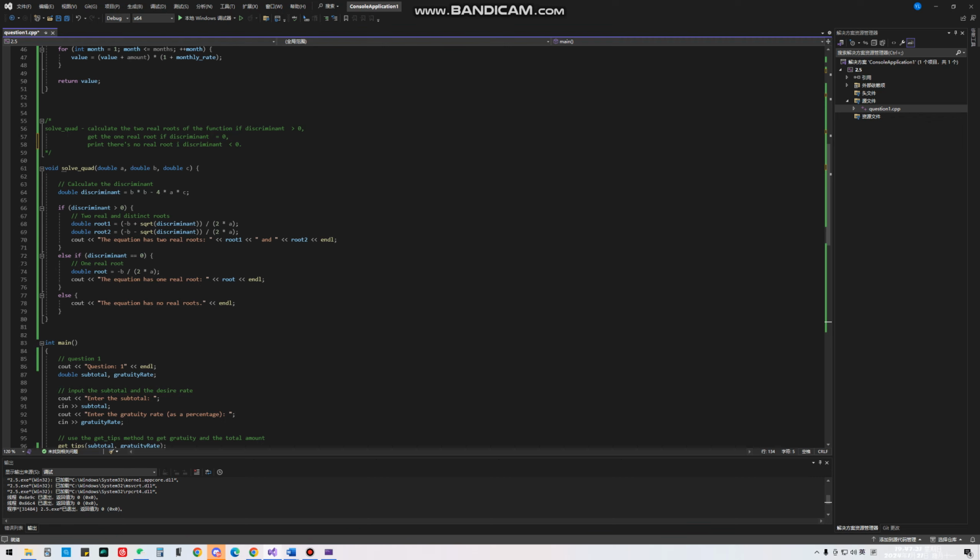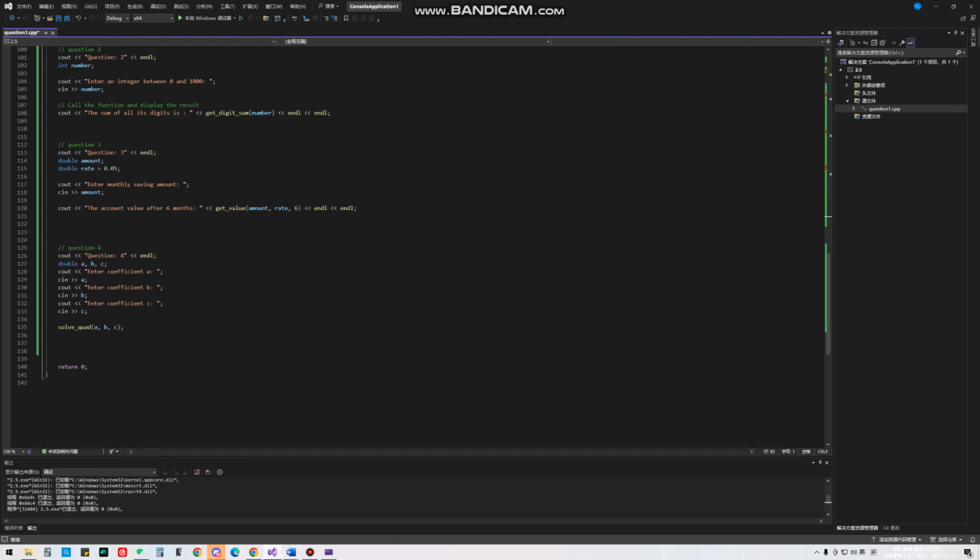If the discriminant is greater than 0, then these are the two roots, two real roots. If it equals 0, then we can only have one root, and this is the formula for the one root. And if the discriminant is smaller than 0, then we will not have any real root, so it's going to output that the equation has no real root.